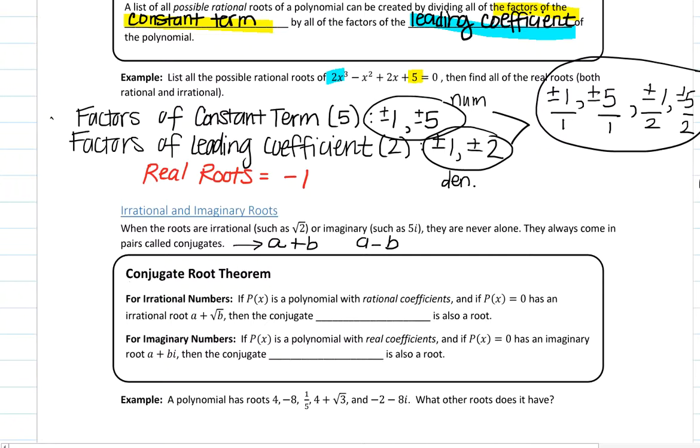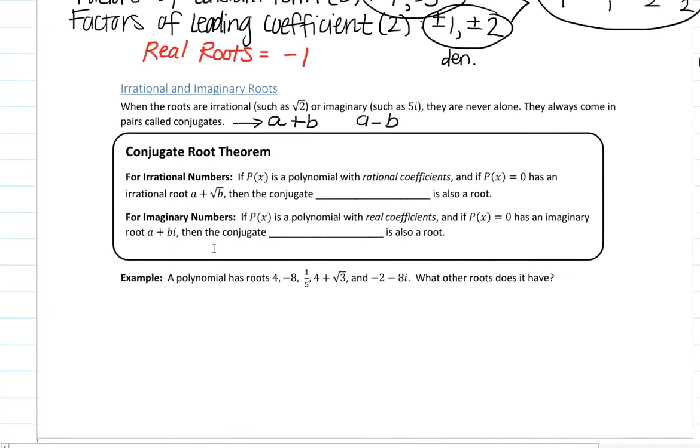Okay, so for irrational roots, if we have a polynomial p of x with rational coefficients, and p of x is equal to 0, and it has an irrational root of a plus the square root of b, then the conjugate, a minus the square root of b, is also a root. So if you see one that has a plus, then you have one that has a minus.